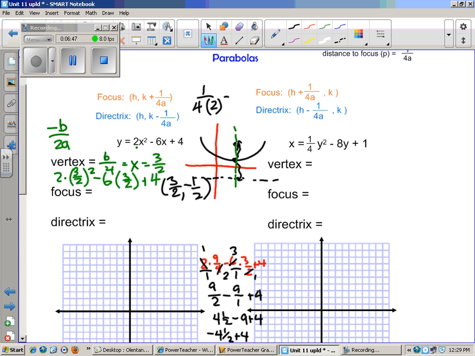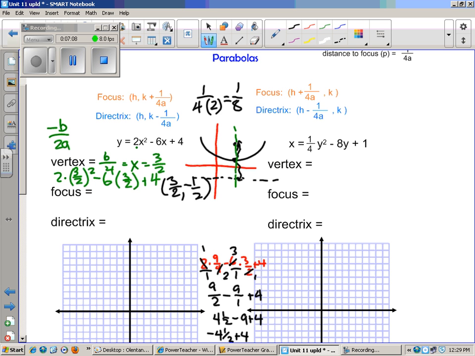So the distance the focus is away from the vertex is 1/8 of a unit. That's really little, right? Because between these two lines is 1 unit, so it's like 1/8 of a unit. So the focus is really close.